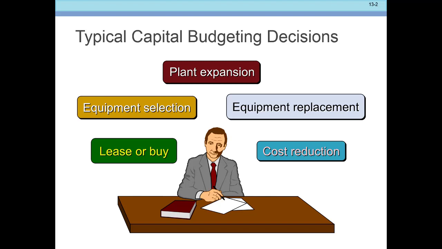We're going to buy a newer machine that will be more efficient and reduce our operating costs. Maybe we're going to use hybrid vehicles instead of regular gas vehicles to reduce costs, whatever. And we need to think about these investment decisions both from the standpoint of cash outflows, but also the cash inflows, either through a cost reduction or increased revenue.